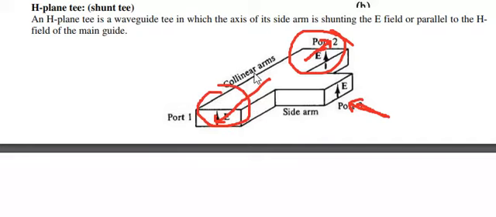Ports 1 and 2 are the collinear arms. One more thing to remember: in the H-plane T junction the arm is attached to the narrow side, and in the E-plane junction the arm is attached parallel to the broader side.